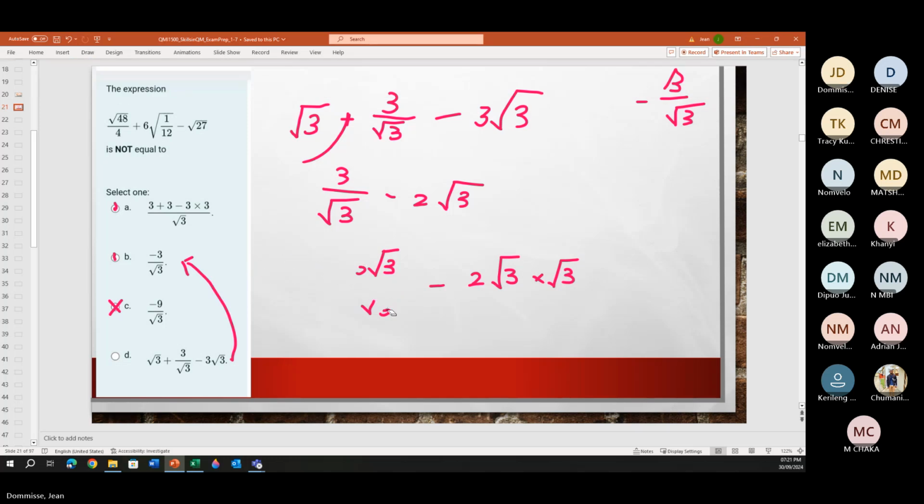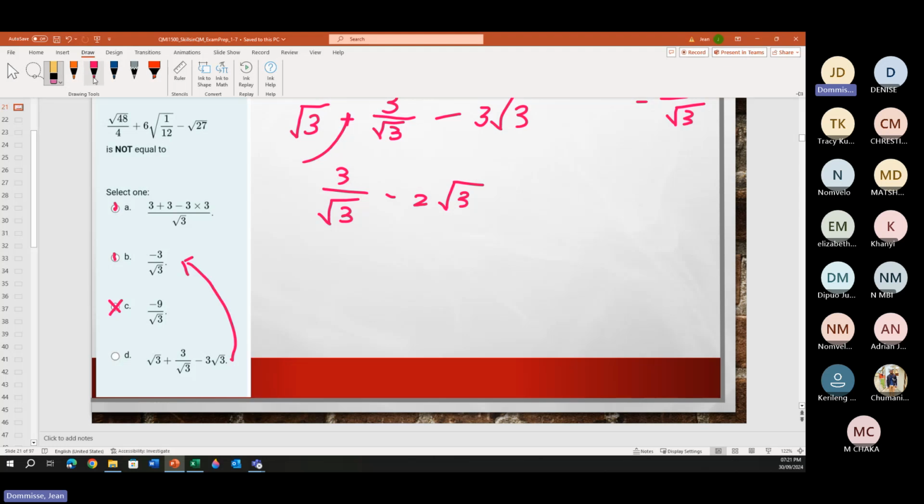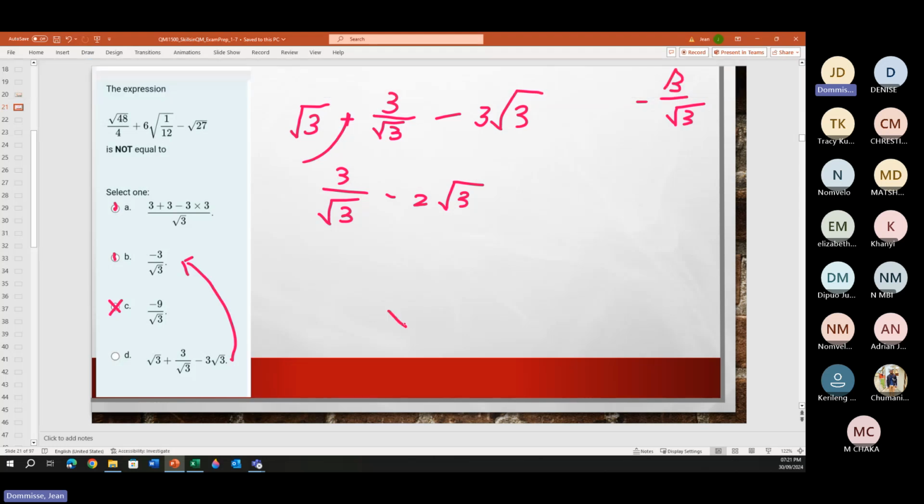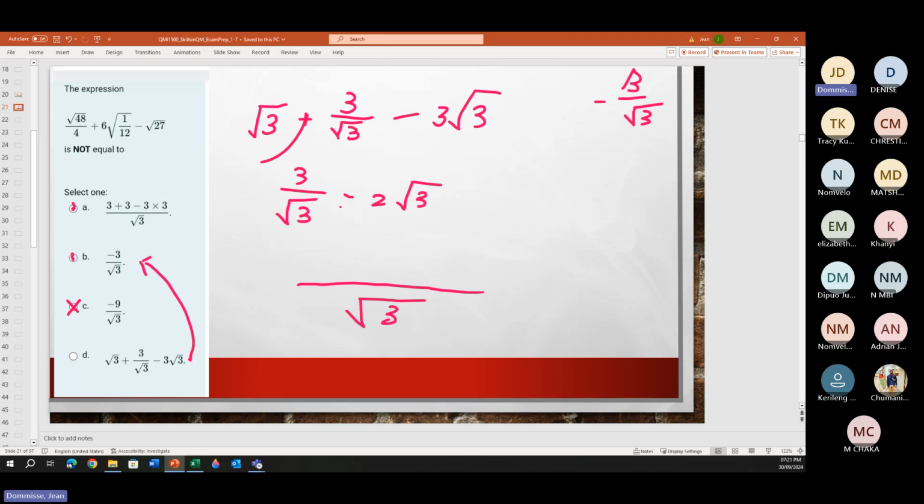Instead of multiplying it out, let's put both on this, on that.